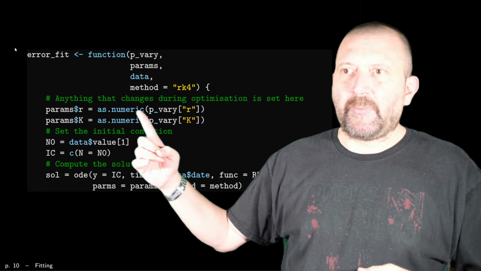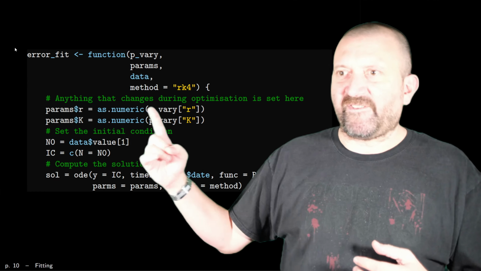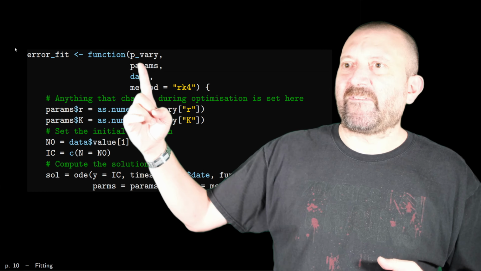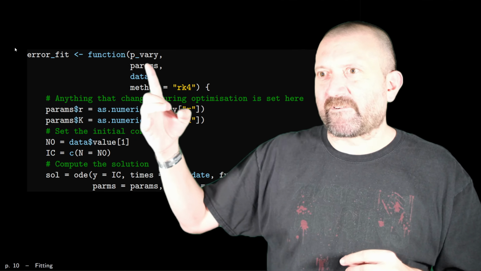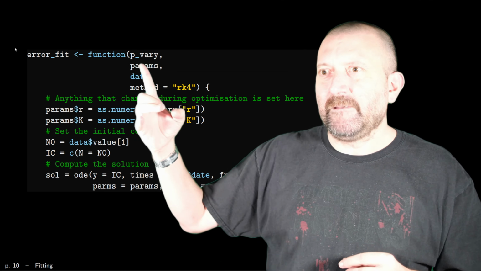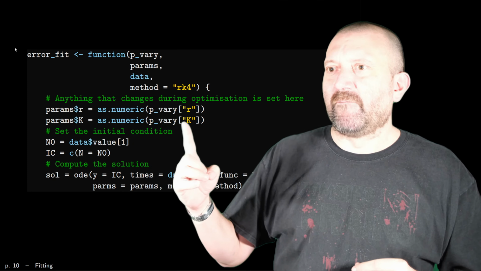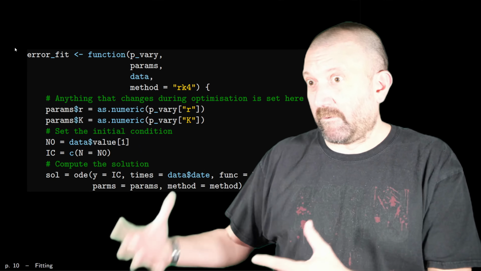So here, you see these first two lines. This is where I say that the parameters I get, so this is what the optimization function will make vary, the parameters I get from the optimization function, the one that's called r, I set it to be parameter.r.